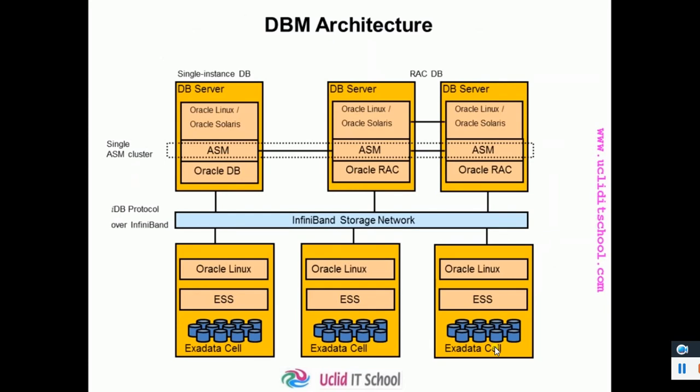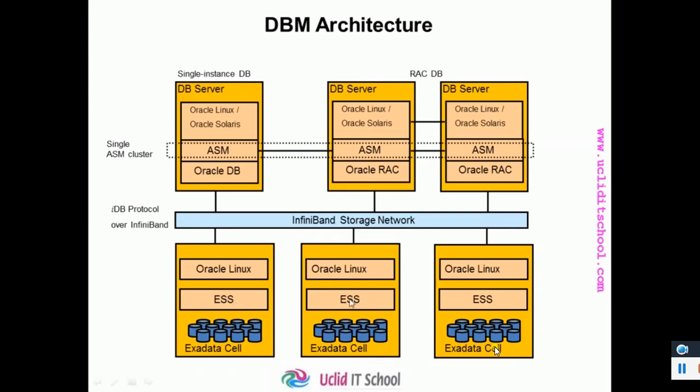Now, this slide shows you the database machine architecture. This slide has 3 database servers and 3 storage servers, and both are connected with InfiniBand network. This ESS is your Exadata storage server.